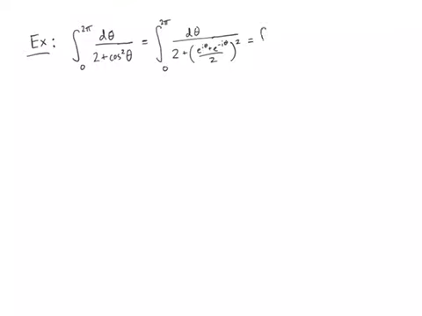So let me just write this out a little bit more. So we have 2 plus 1/4 times (e^{i theta}) squared, plus 2, plus (e^{-i theta}) squared, and then a d theta there.